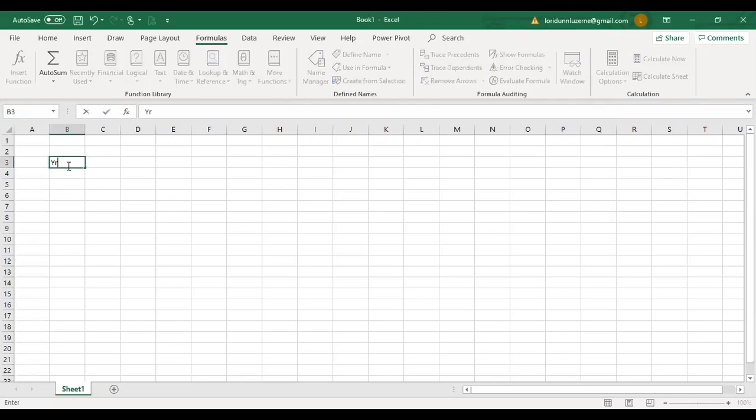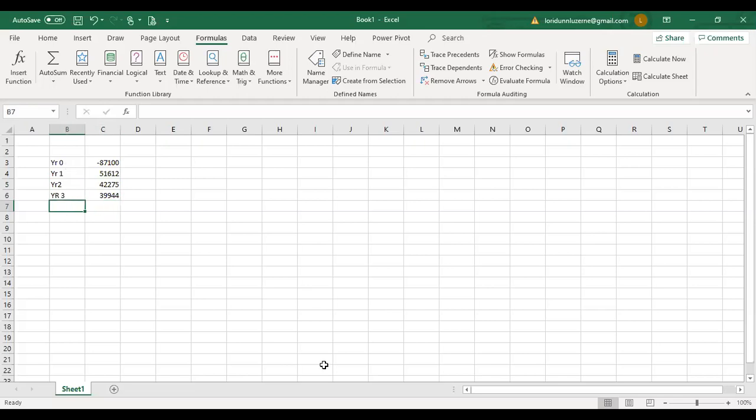So at year 0, I have 87,100. Then year 1, this is right off that spreadsheet we did within the PowerPoint. Year 2, 42,275. Year 3, 39,944. I think that's right. Yep, it's right. And then year 4, 27,610.